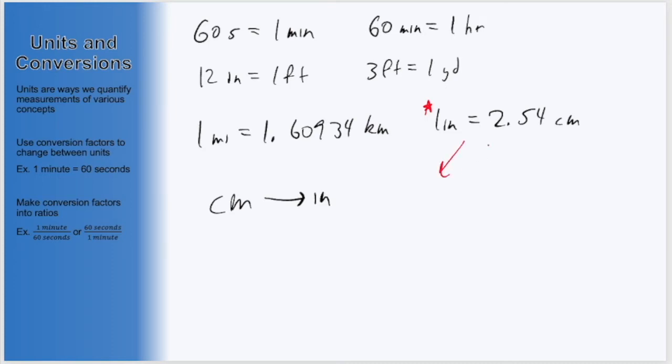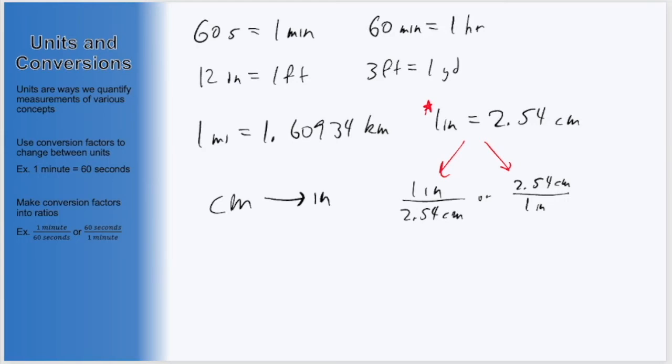We can make two ratios out of this conversion factor. We can either have the 1 inch on the top of our ratio over the 2.54 centimeters, or we can put the 2.54 centimeters on the top with the 1 inch on the bottom.